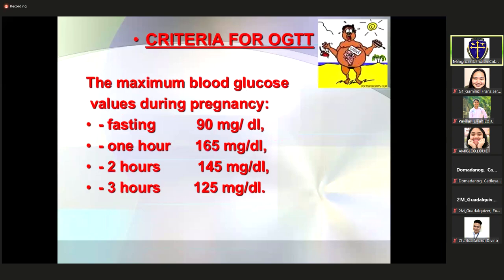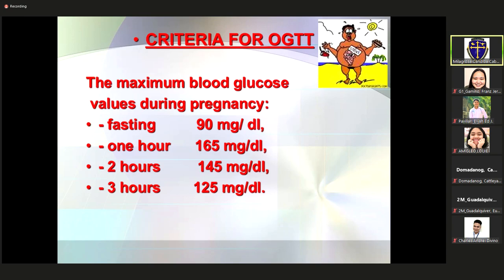Okay? So, criteria for OGTT, the maximum blood glucose values during pregnancy. So, at fasting, 90 milligrams per deciliter ang result. Okay. Then, 1 hour after, it should be 165 milligrams per deciliter. Then 2 hours, 145 milligrams per deciliter.